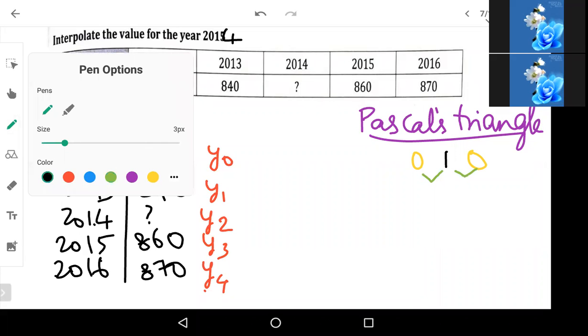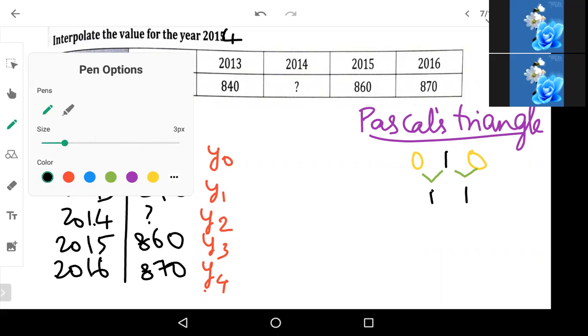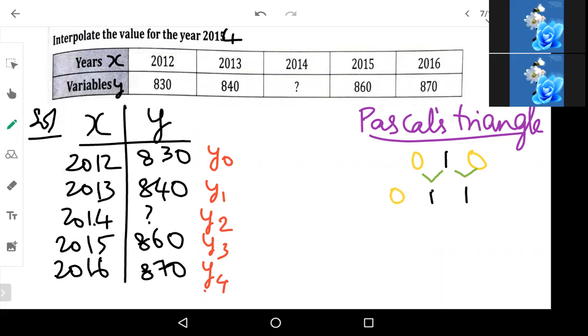I'm using different colors for your understanding. 0 plus 1 is 1, 0 plus 1 is 1. Now again, we assume 2 zeros and write the other number in between these two numbers. In between these two, write the resulting number.